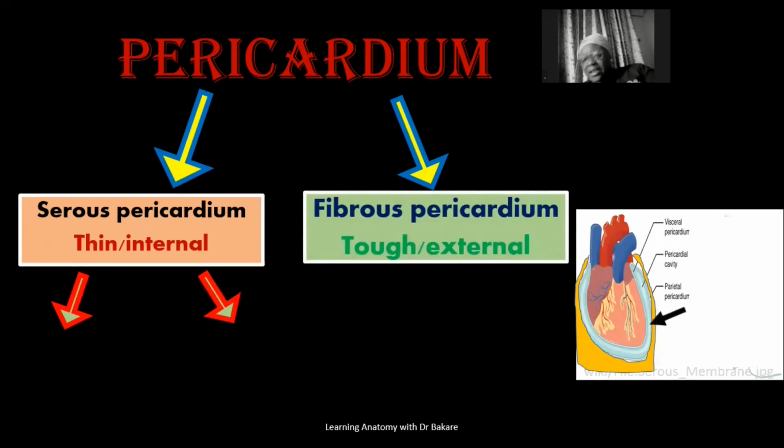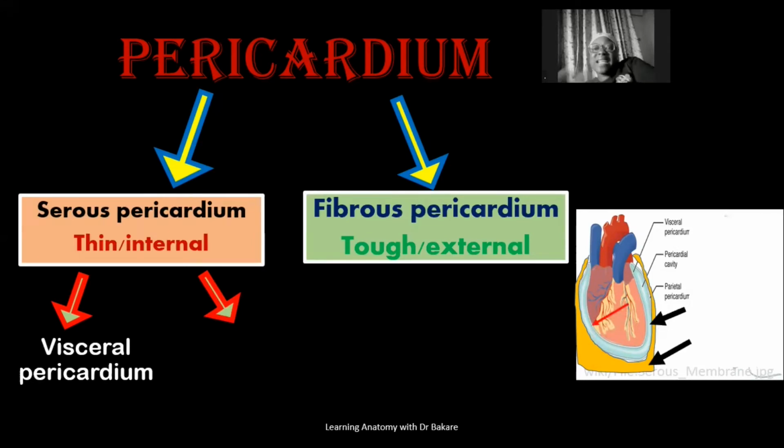We have the serous pericardium highlighted in blue in this image here. And of course, it is thin and it is on the inside. While on the outside, we have the fibrous pericardium, which is highlighted in yellow. This layer is very tough. So we can see how the division of the pericardium is established, while we have a further subdivision of the serous pericardium into the visceral pericardium, which is on the inside and closely attached to the heart.